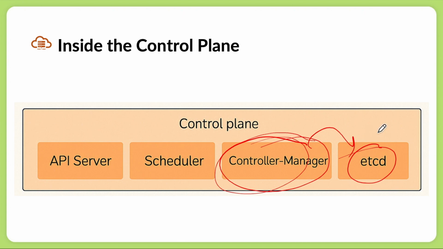So the controller manager doesn't do these things alone. It has different controllers. One of them is the replica set controller. If you remember, I said the self-healing part is done by the replica set, right?